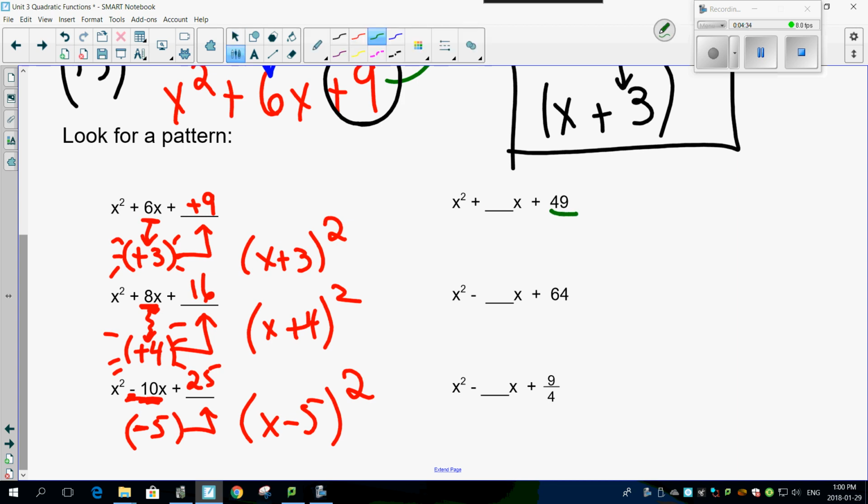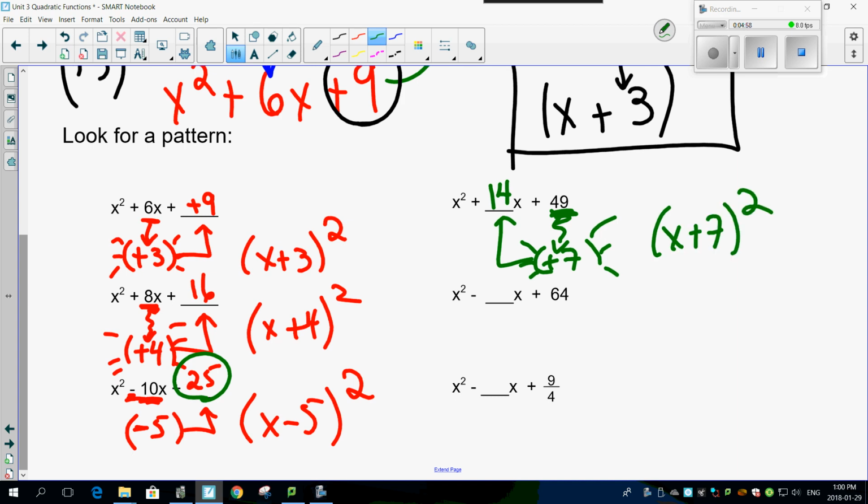Let's go backwards from this point. That's 49. Before, we would do this by squaring. Now we do this by square rooting. The square root of this is positive 7, meaning that's the magic number. Double it, that would have to be 14. And this would be x plus 7 squared.